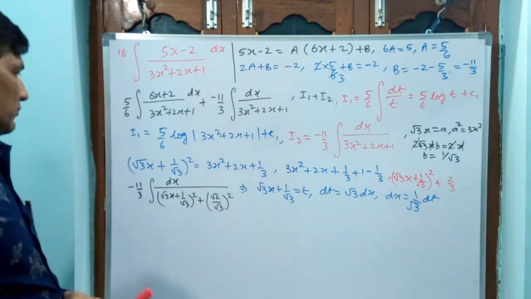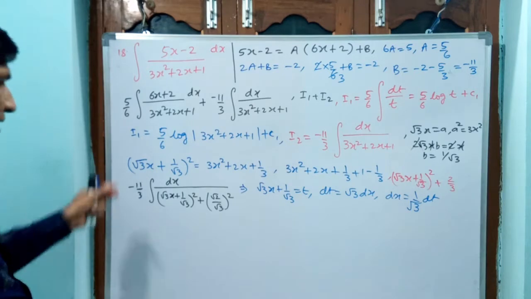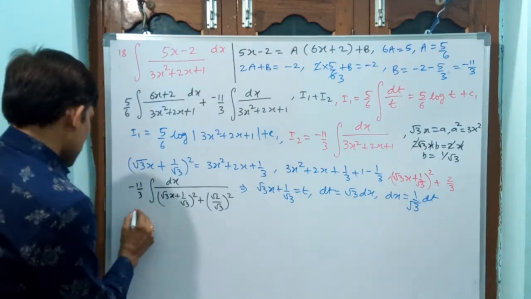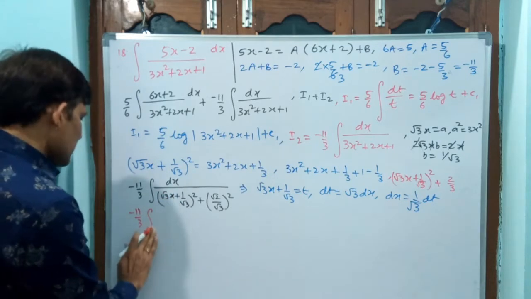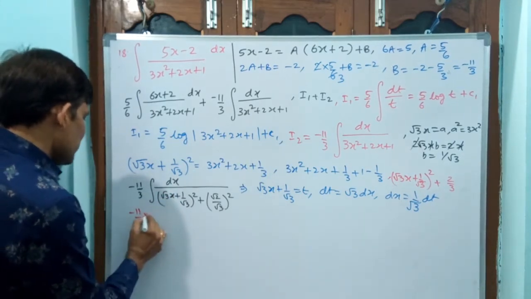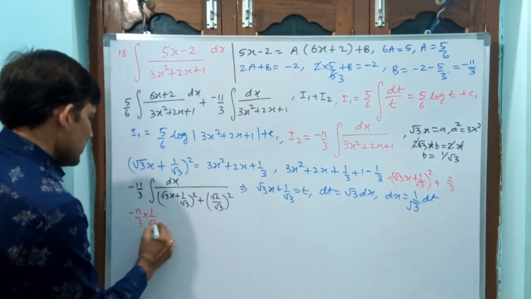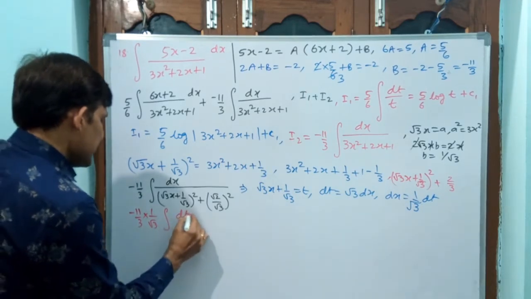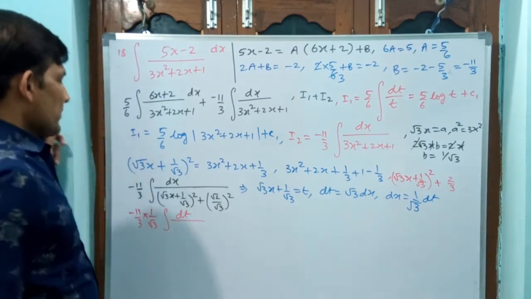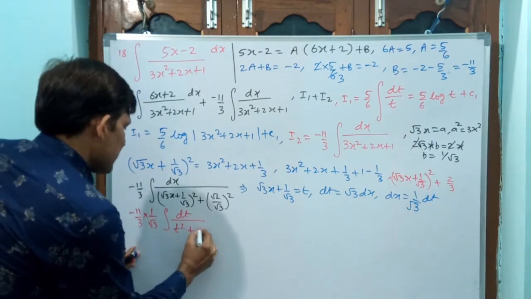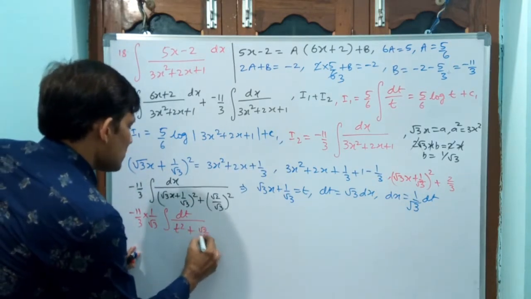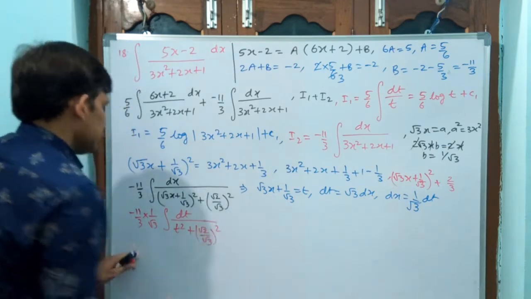Definitely okay. Now rewrite this statement. Minus 11 by 3 integral, dx will be 1 by root 3, into 1 by root 3 integral dt divided by t square plus root 2 by root 3 whole square.